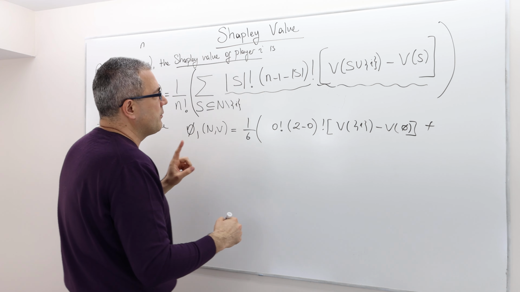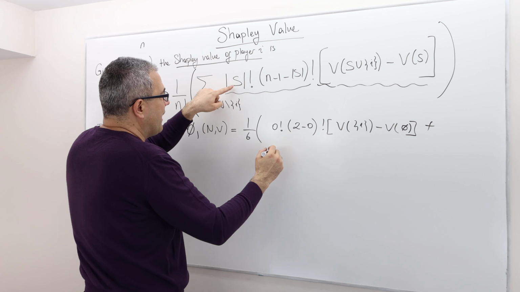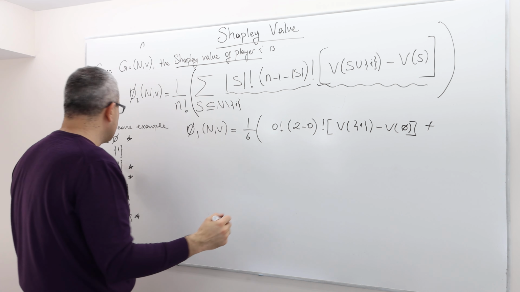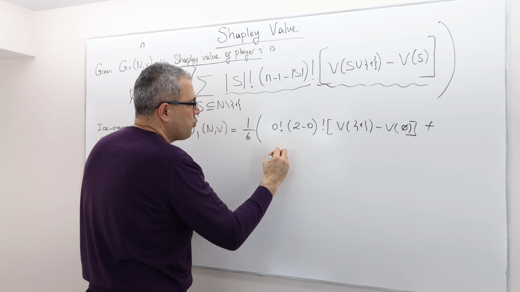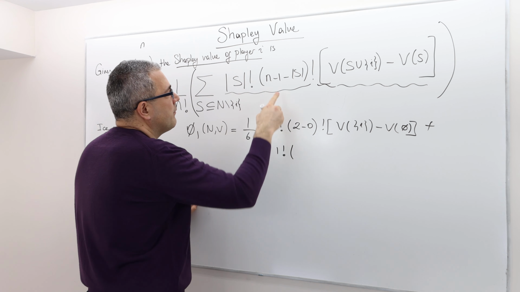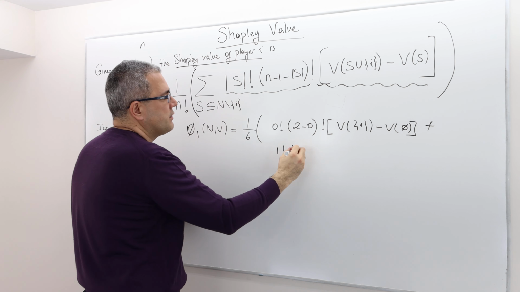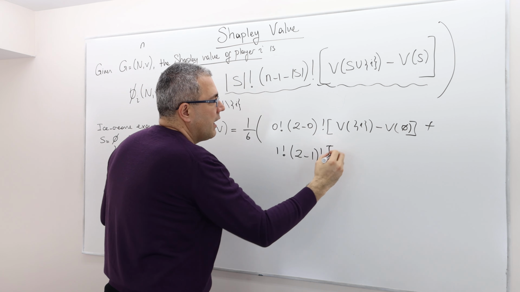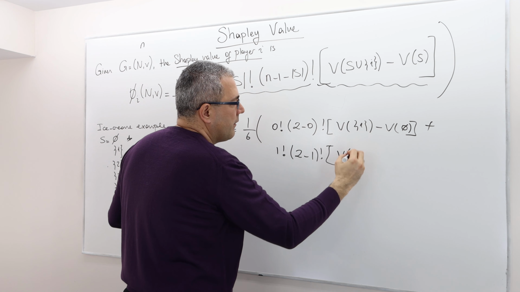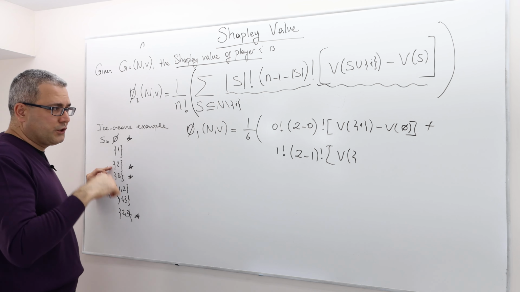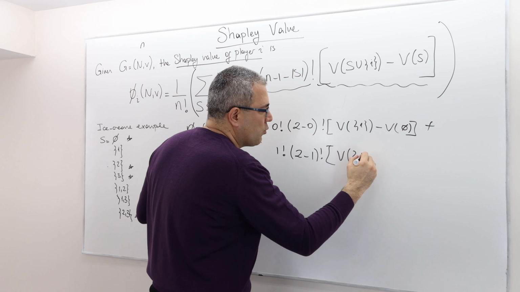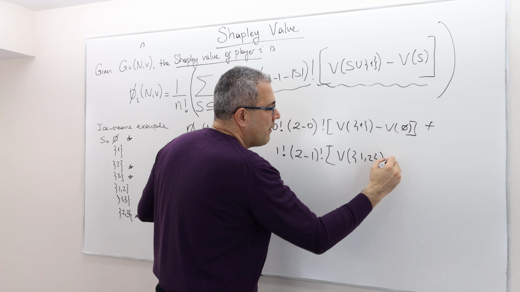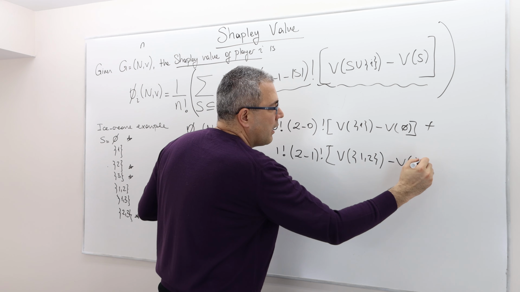This time, the number of players in S is 1, so it's 1 factorial. Then n minus 1, which is 2, minus the number of players in S, which is 1, factorial. V of, so remember the coalition was 2 and I'm including player 1, so V of 1, 2 minus V of 2.